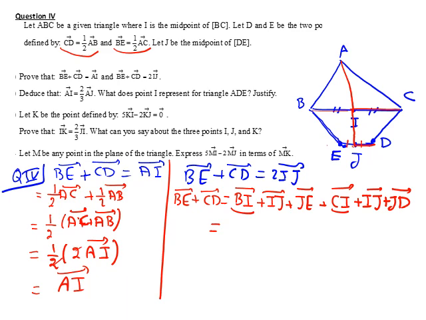BI plus CI is equal to 0, and JE plus JD is equal to 0. So BE plus CD is equal to 2IJ.